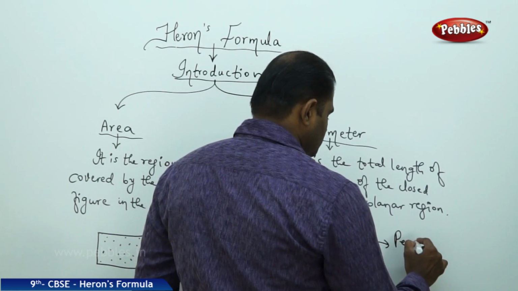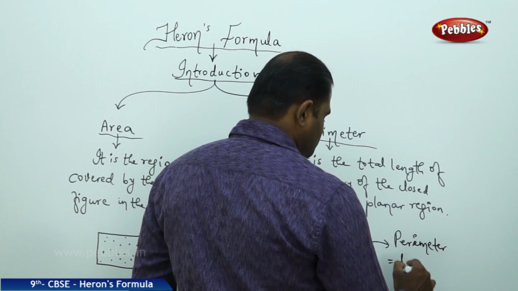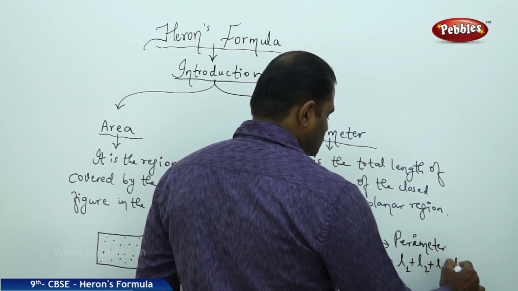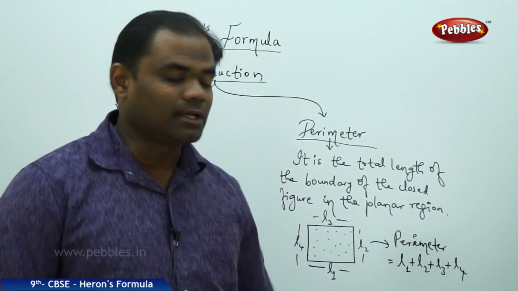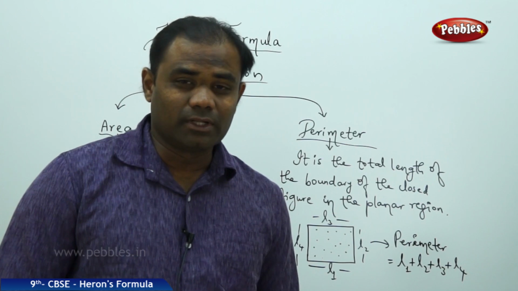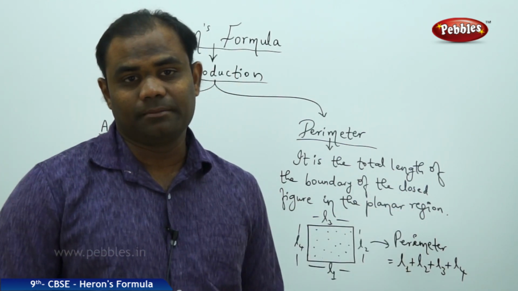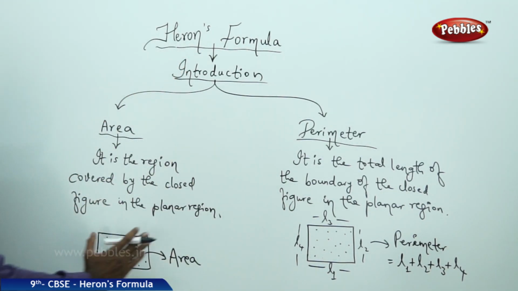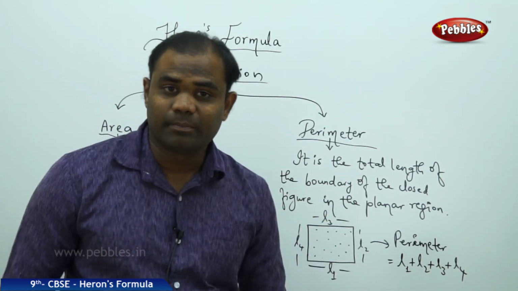Then the perimeter is the sum of all the four lengths, L1 plus L2 plus L3 plus L4. The sum of all the lengths of the rectangular plank is nothing but the perimeter. The region covered by the closed figure, this whole region, is called area, and the length of the boundaries is called perimeter.